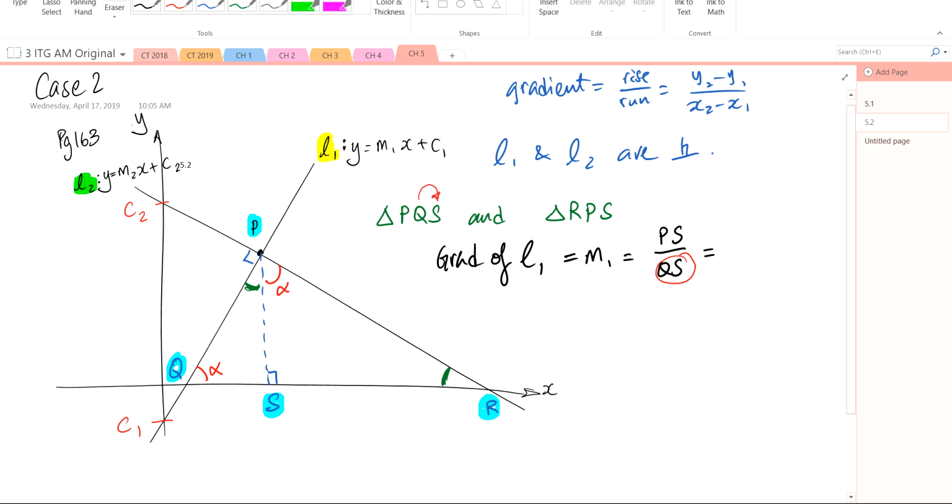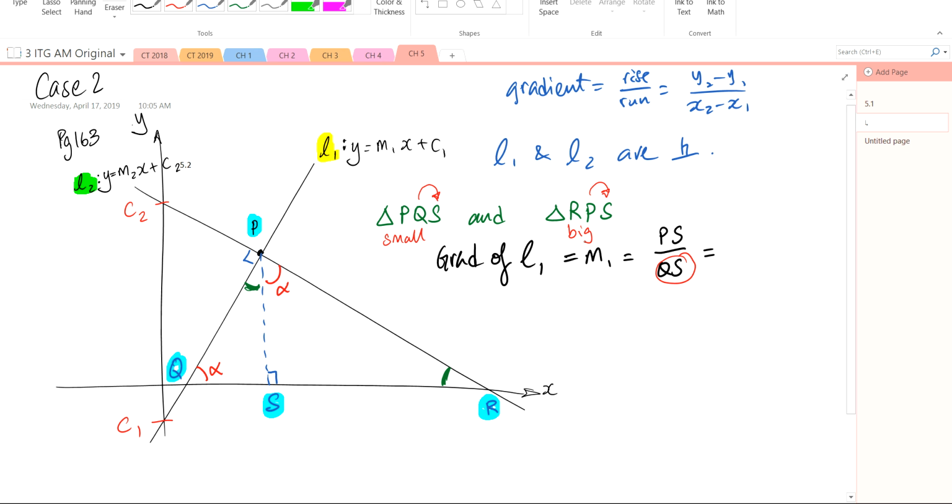Then I've got our PS over here. Which one is in the denominator? QS, right? Which is the smaller triangle. You can draw another triangle, but I don't have enough space over here. This is the big triangle. So I've got my PS, the big triangle, over the small triangle. Agree? Okay, now I want another ratio.